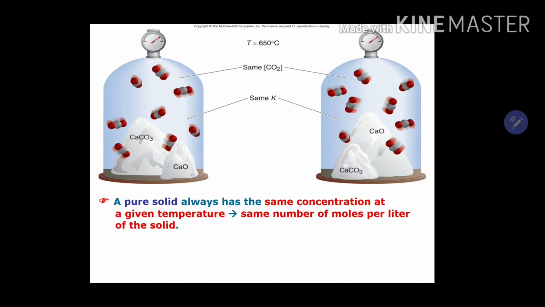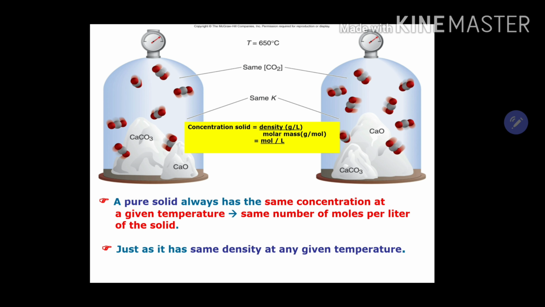A pure solid always has the same concentration at a given temperature, meaning the same number of moles per liter of the solid. It can be calculated from its density and molar mass, just as it has the same density at any given temperature.